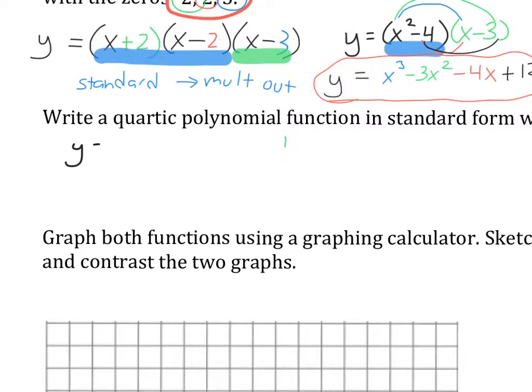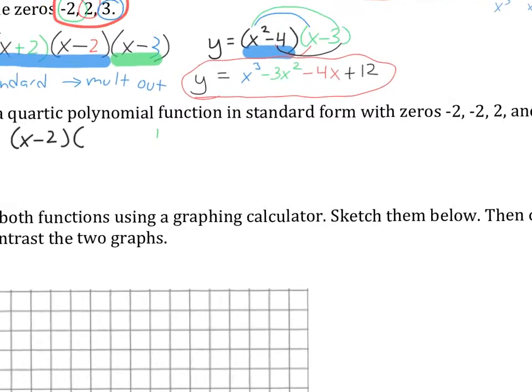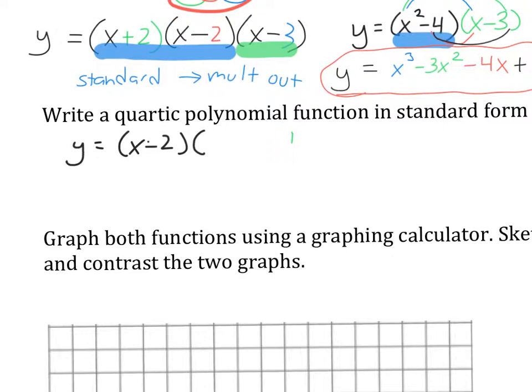So we get y equals x minus 2, and let me change that to a plus, and then x plus 2 again, then x minus 2, and then x minus 3. Now before we jump into robotic multiplication, try to find some patterns.